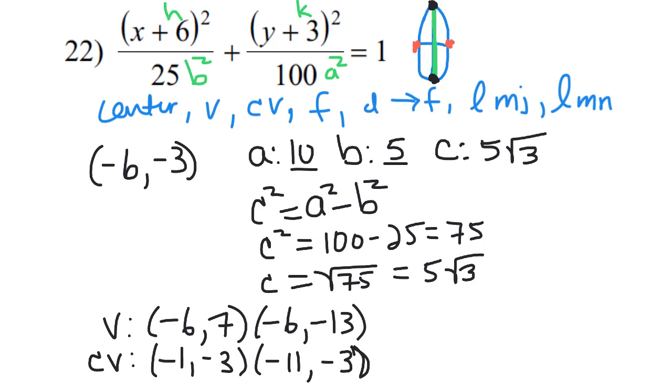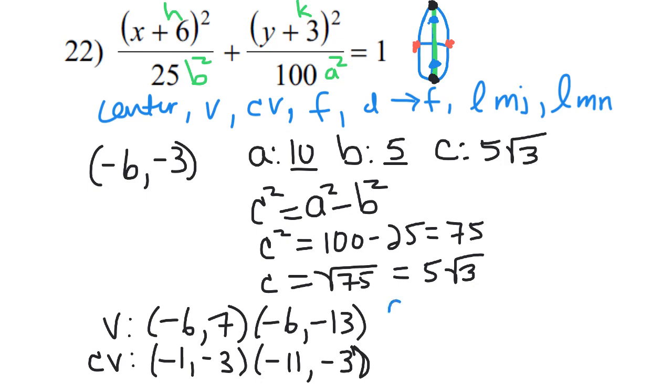And then I'm looking for the foci. Well, the foci are located along the same axis as the vertices. So that means I'm going to be adding and subtracting my value for C, which goes along with the foci, from my y value.